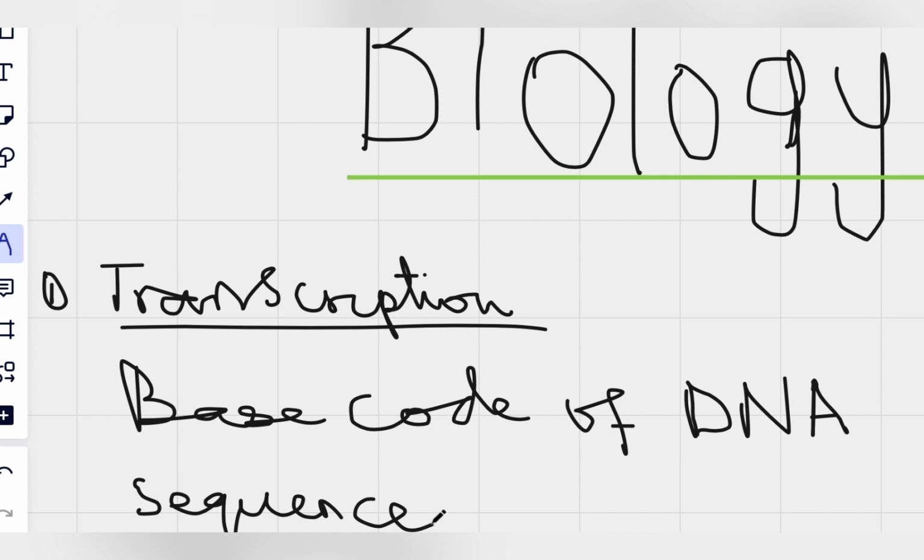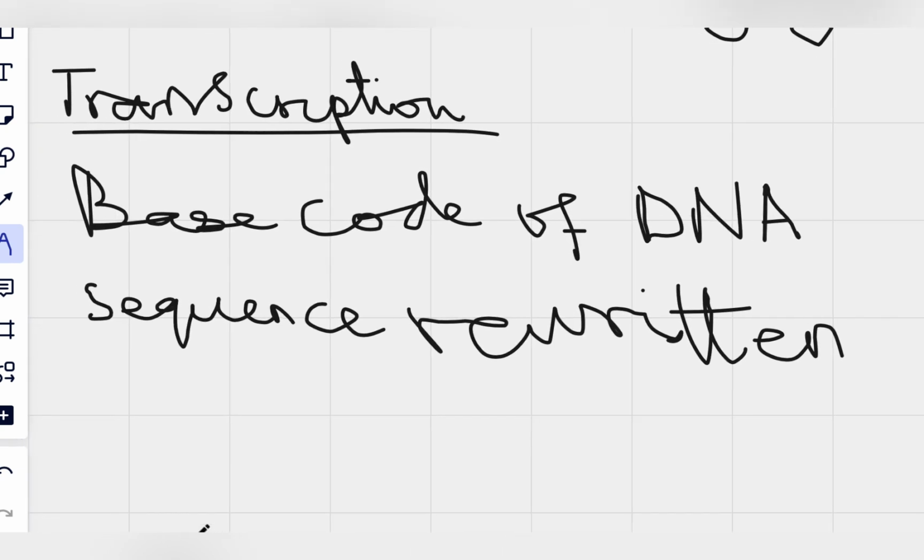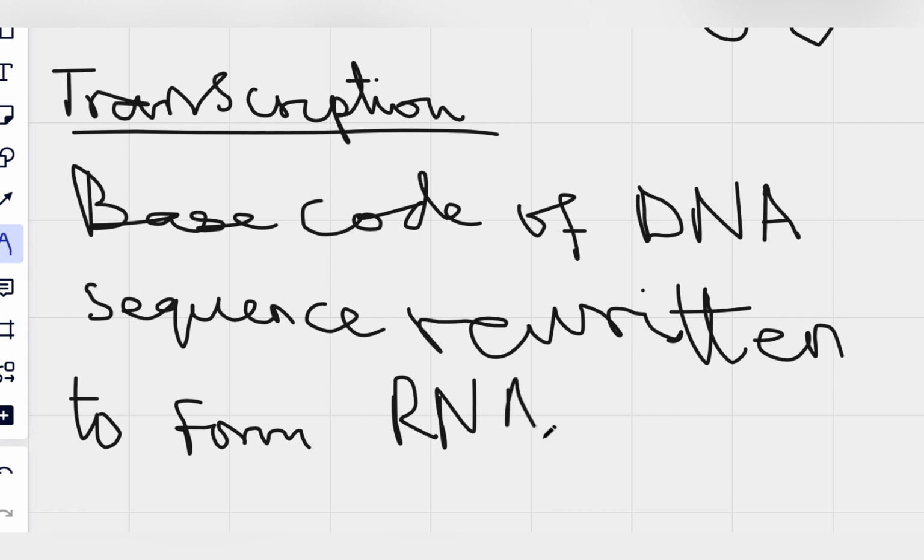Now, the process whereby your body mechanism rewrites the base code of a DNA sequence, when it's rewritten, the past participle form of rewrite, r-e-w-r-i-t-t-e-n, is rewritten to form RNA, to form an RNA base sequence.